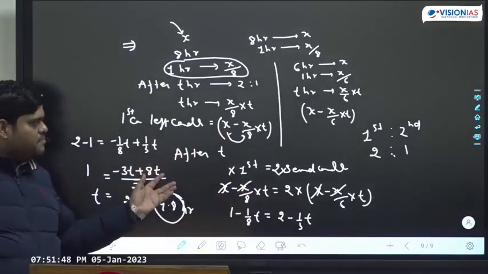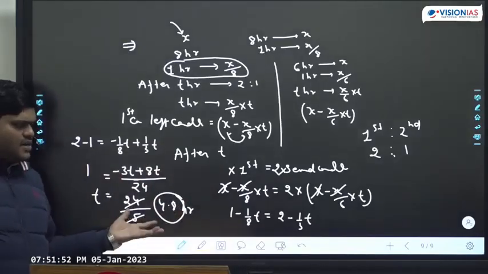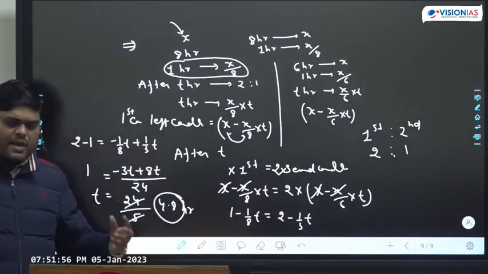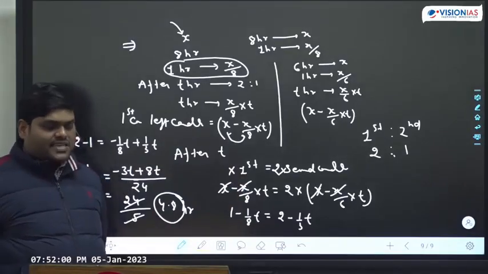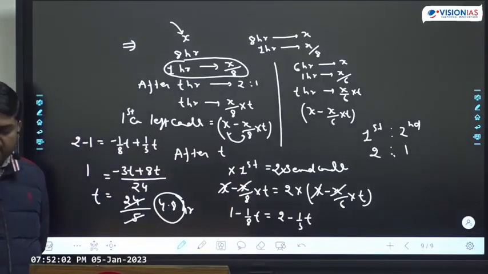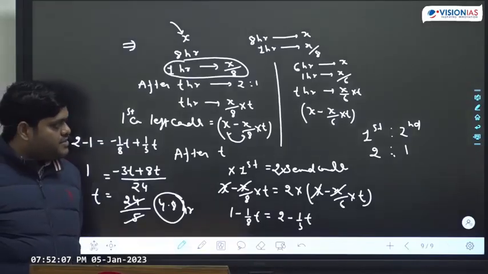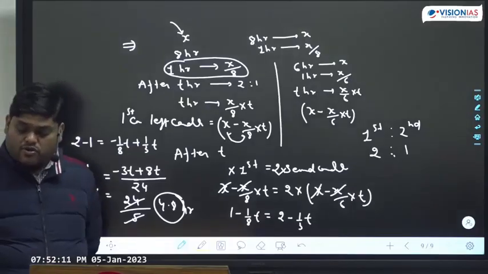Because ये मुझे इतना कम समझ में आता है, whenever we have to assume x, y and z, I know it will take a lot of time. And generally every problem has some solution. So I will go by some other method in the ratio, which is probably not clicking right now. So I will take it that way and then we can try to solve the problem.